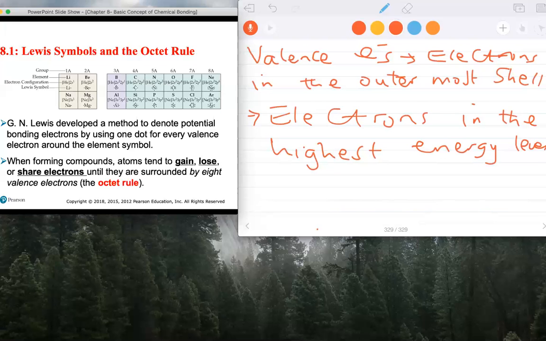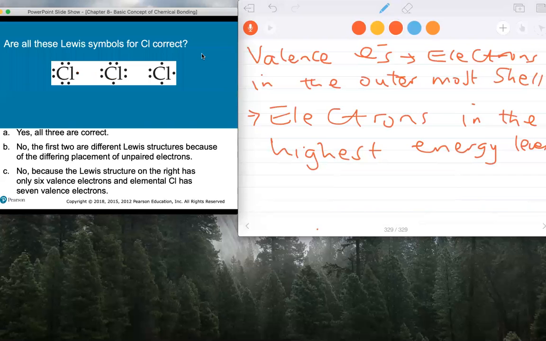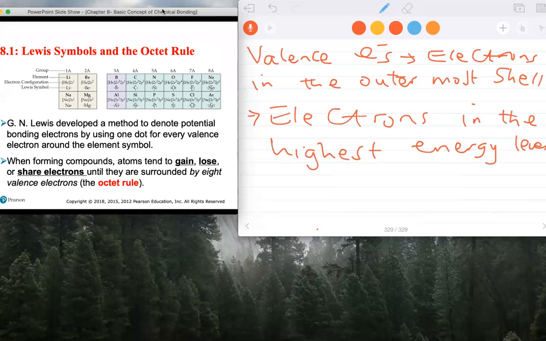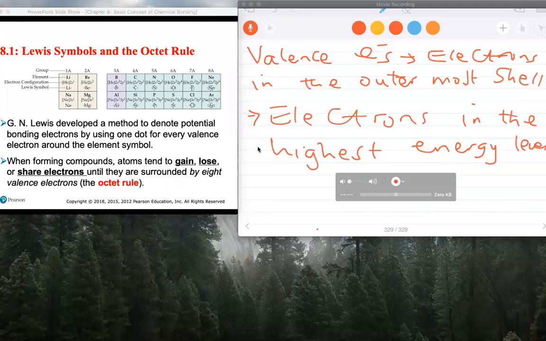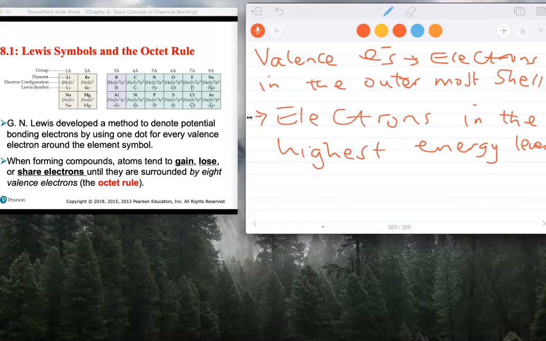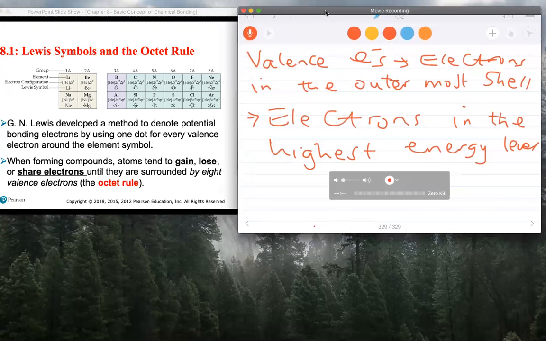We have to write the electron configuration of an element, and then you should be able to see the valence electrons. Valence electrons are electrons in the highest energy level. And these electrons are involved, or they are used in chemical bonding.